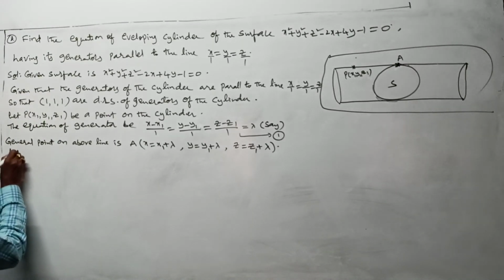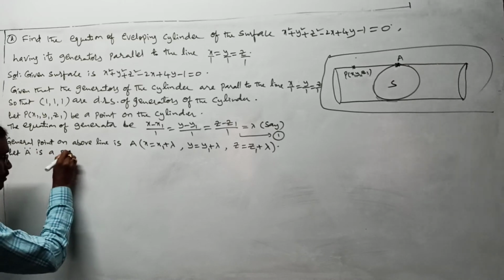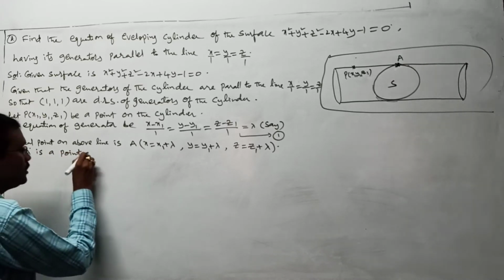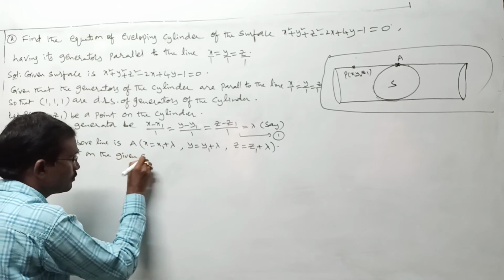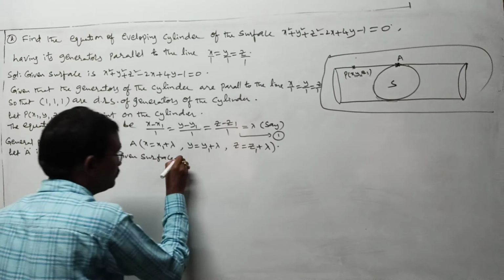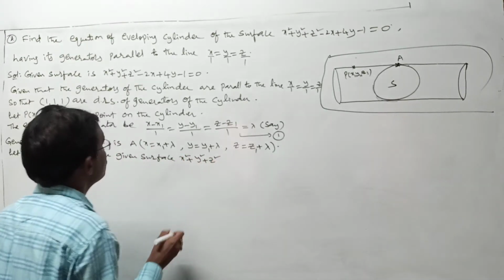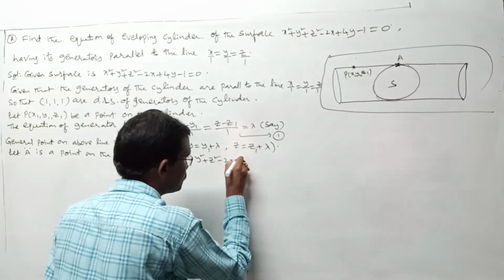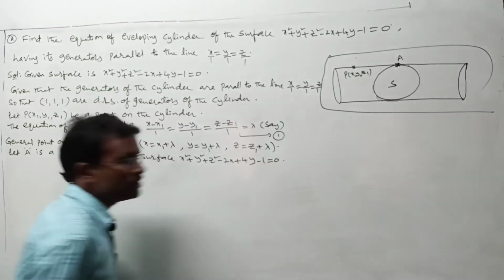Let A be a point on the given surface x square plus y square plus z square minus 2x plus 4y minus 1 equal to 0.